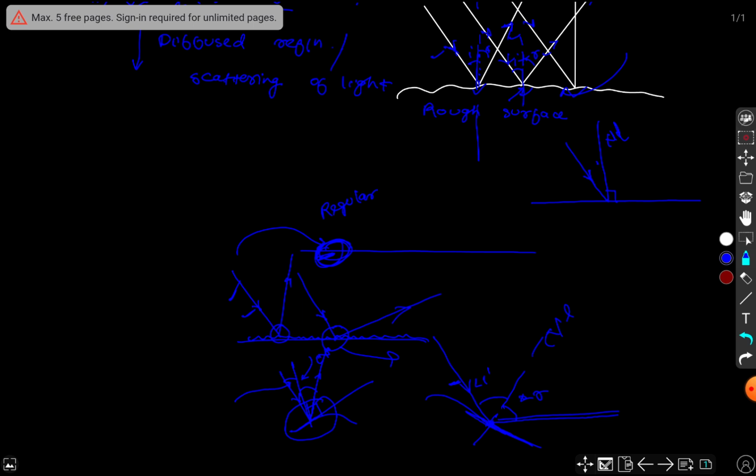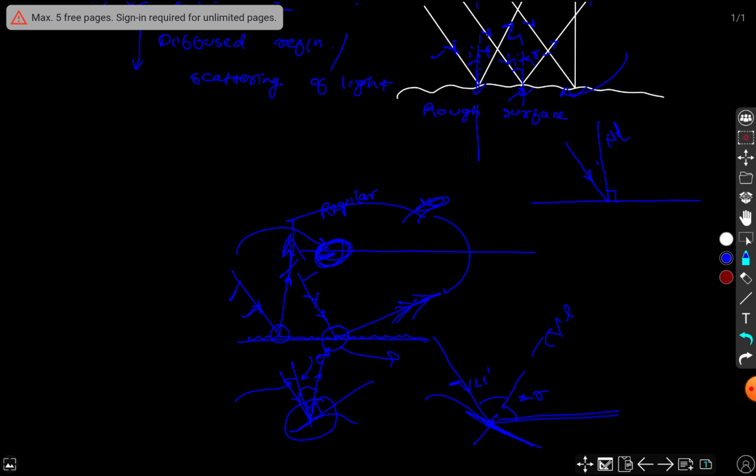And this is the reason why the light rays which were earlier parallel to each other are, after reflection, no longer parallel to each other. So this is all about irregular reflection. Whenever there is irregular reflection, you won't be able to see the image due to the reflection of light, because the light rays go in different directions, they get scattered and they never meet with each other, and the image is never formed in the right pattern.